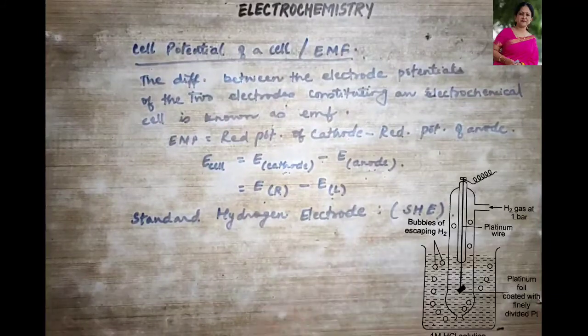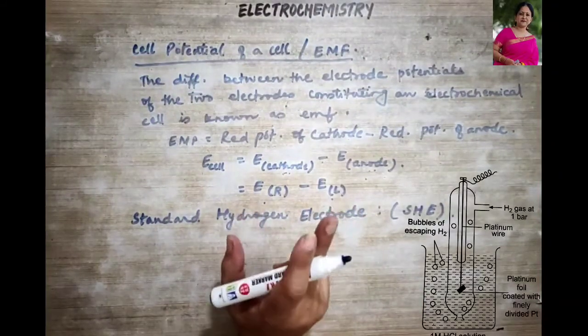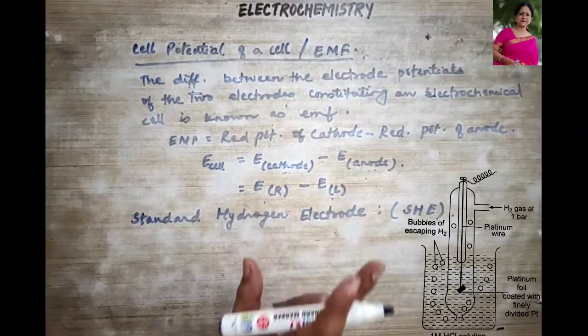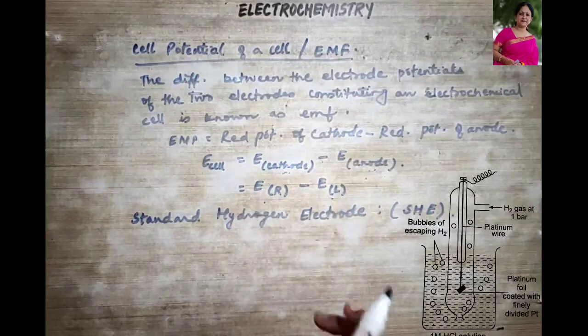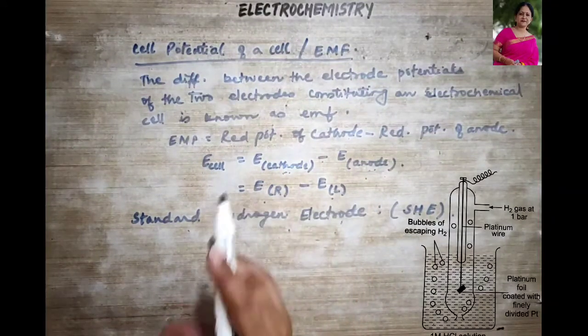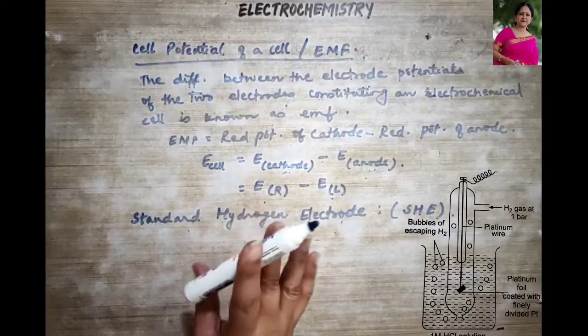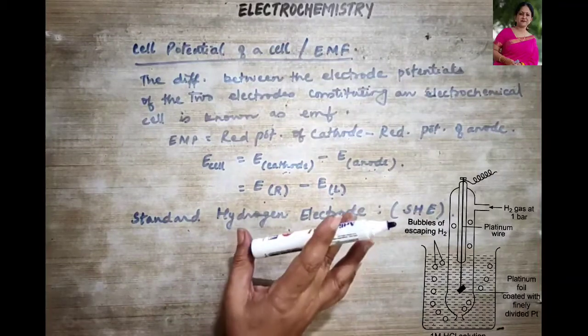Okay. So the absolute value of the electrode potential of a single electrode is determined with the help of what? A reference electrode, or what we call the standard hydrogen electrode, whose standard electrode potential is arbitrary. Okay, it may be taken as 0.